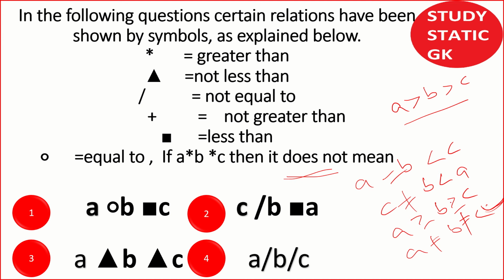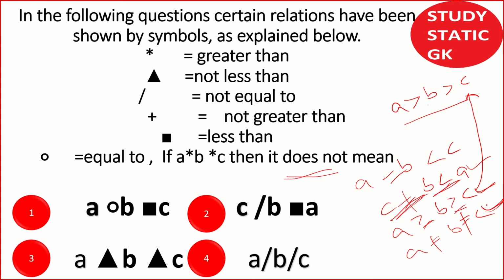Again here, if you see A greater than or equal to B greater than or equal to C, this can also be right because it is one of the possible cases. So it may mean it is included here. C not equal to B maybe, but B less than A, whether it is right or wrong we have to check, because A greater than B is written, that means B less than A. This is also correct. So the remaining is this one.